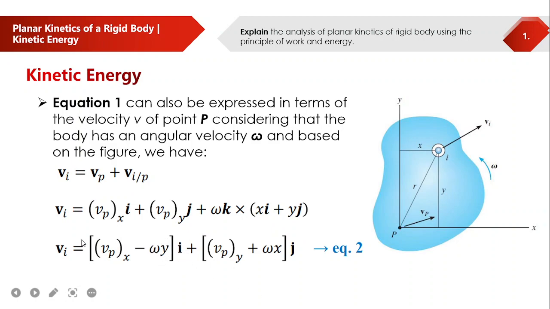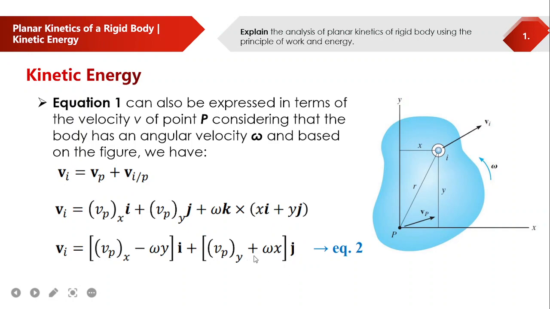What are the scalar quantities, or coefficients of our vectors? That will be v sub p sub x, i, minus, because this is the cross product of k and j, negative i, so minus omega y quantity times i, plus for the j, v sub p sub y plus omega x j.